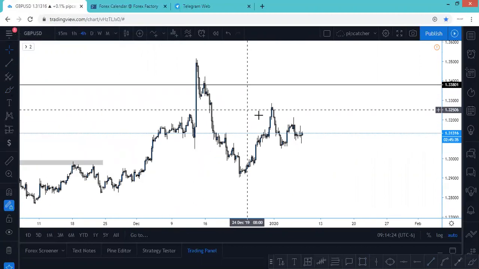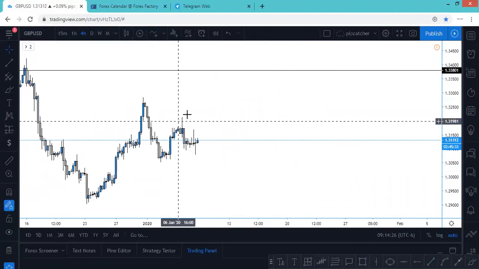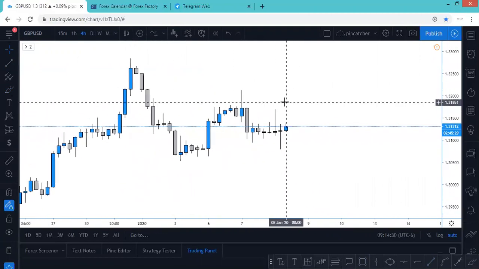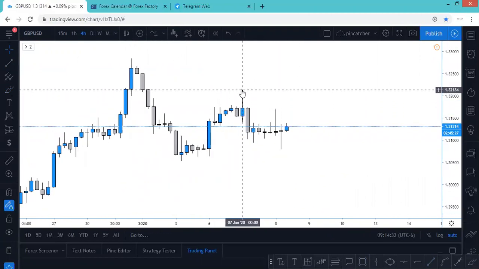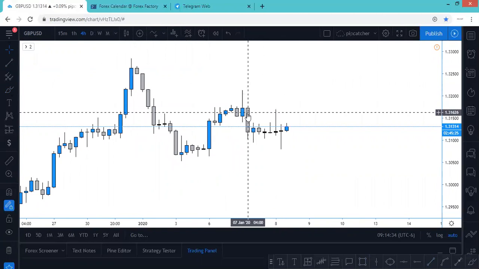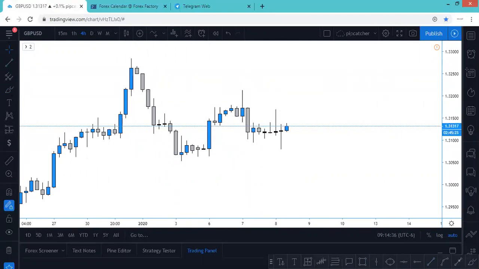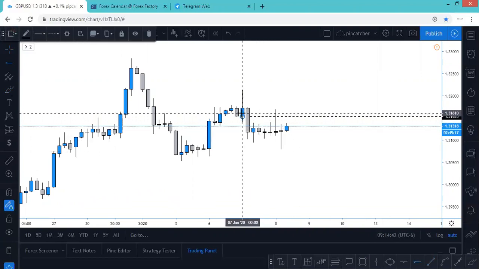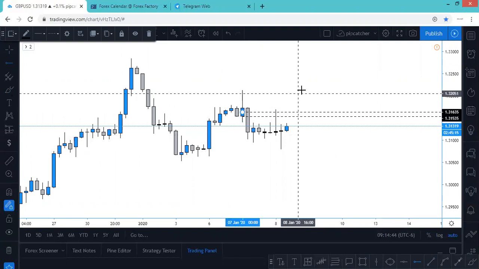When I was looking at this, I saw this 4 hour spike up right here, and then an engulfing candle, right? So my focus was the open and 50% right here.